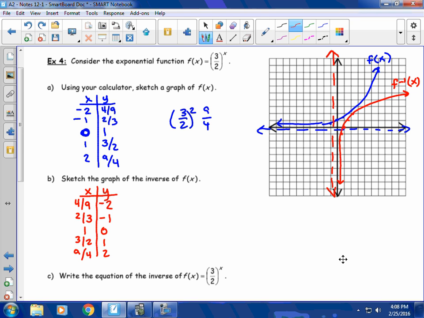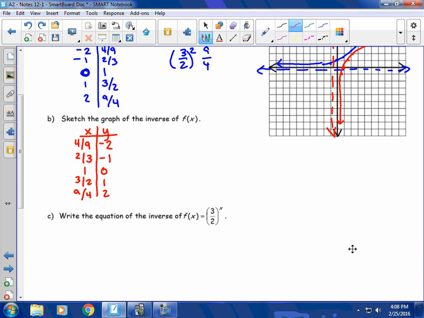All right, and last thing, write the equation of the inverse of f of x equals 3/2 to the x. Here we go. First step, y equals 3/2 to the x. Second step, switch x and y. X equals 3/2 to the y. Third step, take log base 3/2 of both sides.